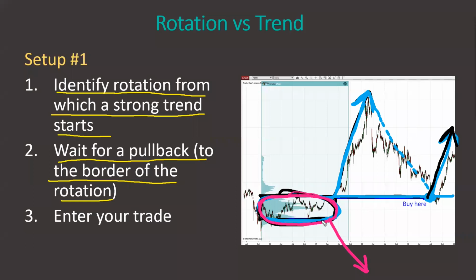So what you would do is you would print a line here or just set a limit order here and wait for a pullback and go short from here, from the lower border of that rotation, right? From here. So that would be the short trade scenario of this, right?